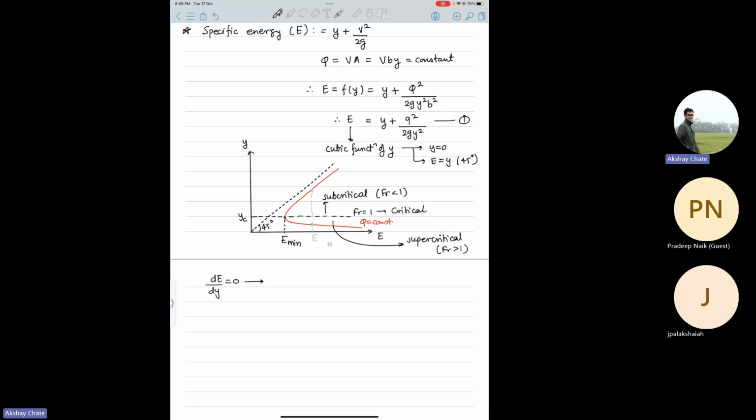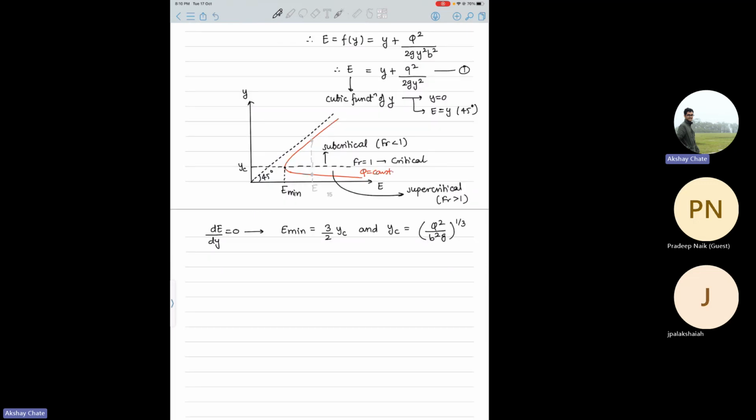Then you'll get some E min, and that turns out to be E min = 3/2 y critical, and y critical is nothing but (q square by b square g) to the power 1/3. So you get this value, and this is commonly used in other cases also.